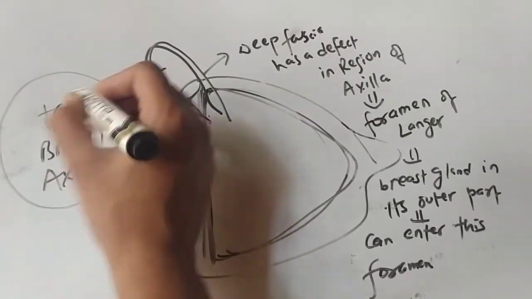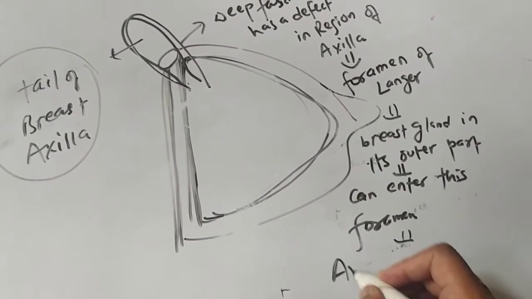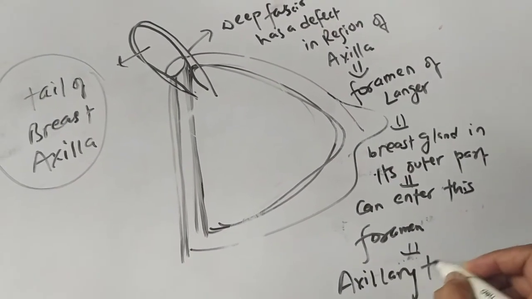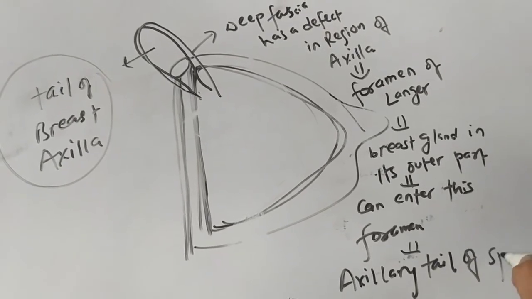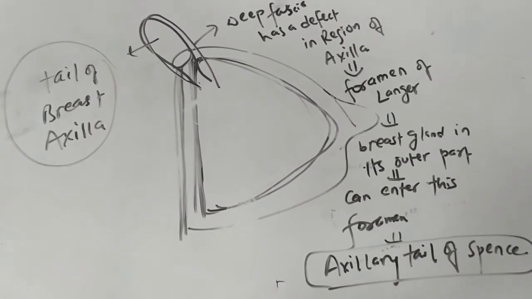That is why this tail is known as the axillary tail of Spence.